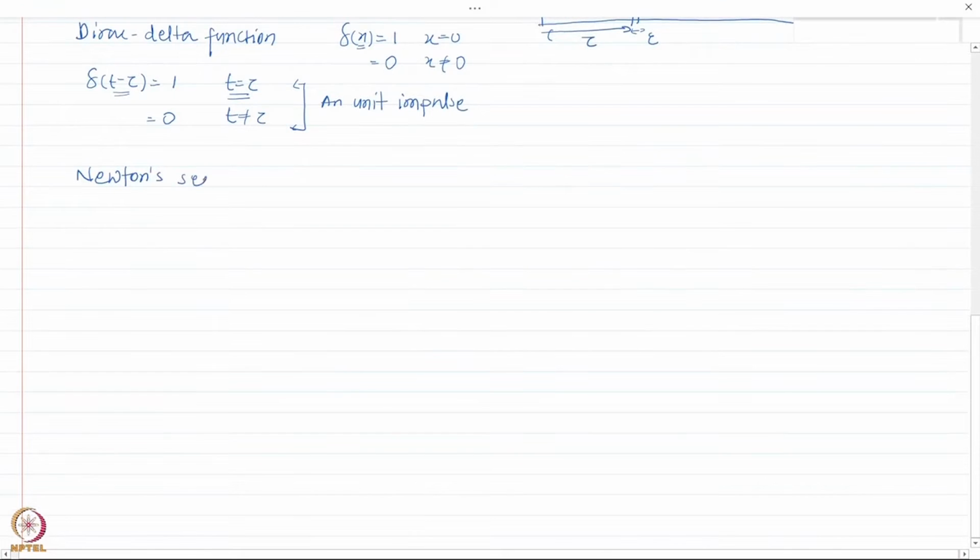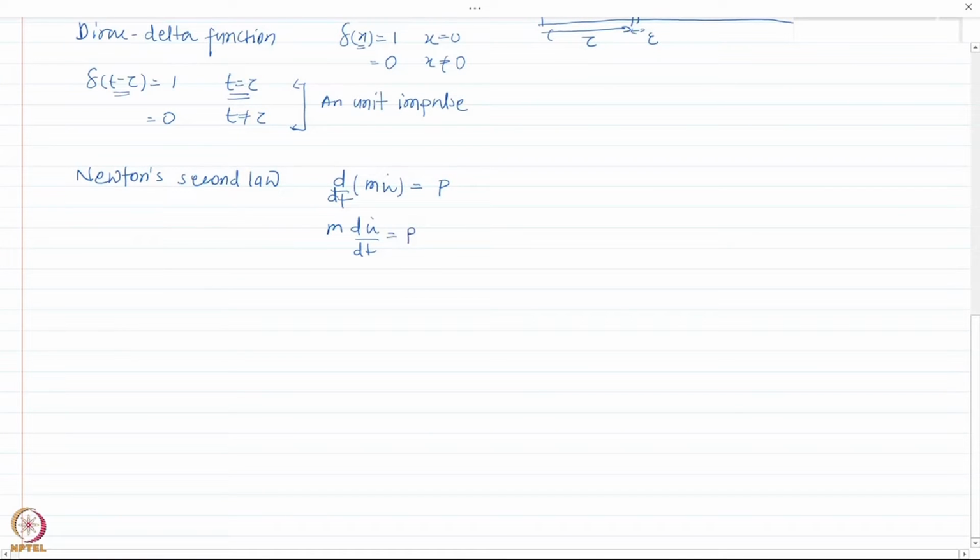It says that d by dt of momentum, and as you know, momentum is defined as mass times velocity, should be equal to the applied force. If mass is constant, I can write this as m u double dot, that should be equal to p.